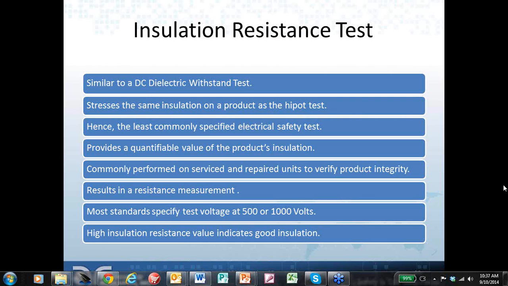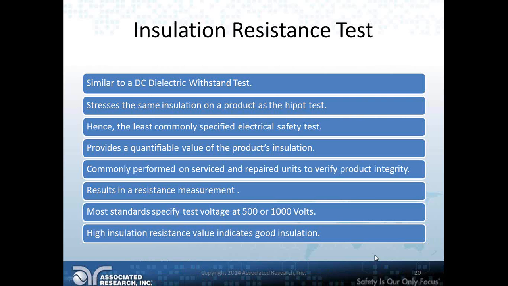The other big question that comes to mind when dealing with the insulation resistance test is, what is the difference between a Hipot test and an insulation resistance test? Now, I know we did cover this somewhat during our material today, but just to go over it once again, because this is a very common question.